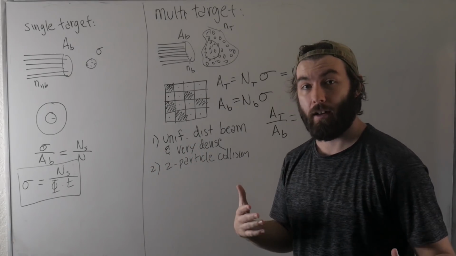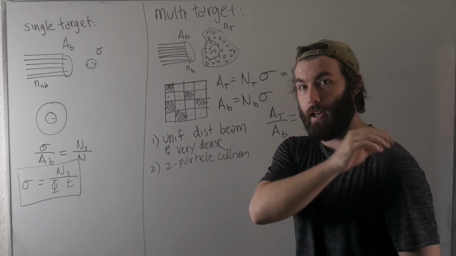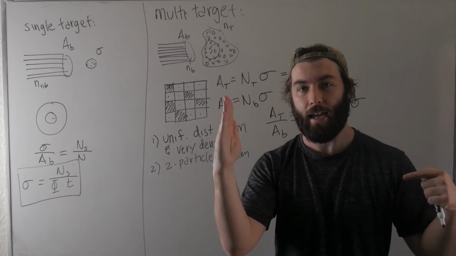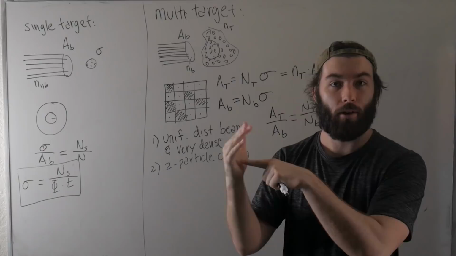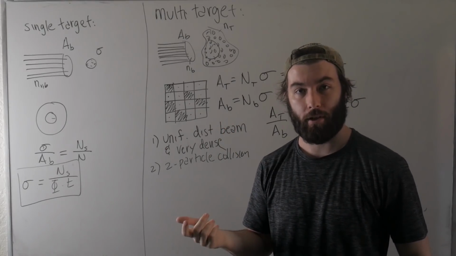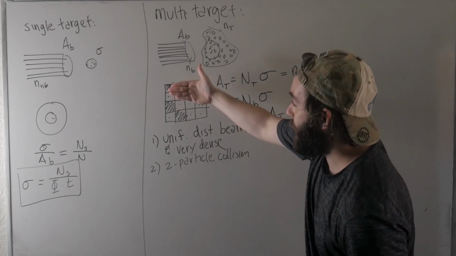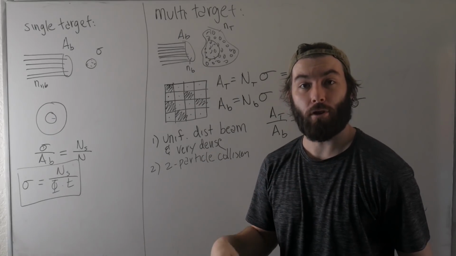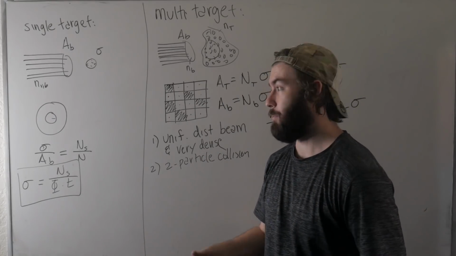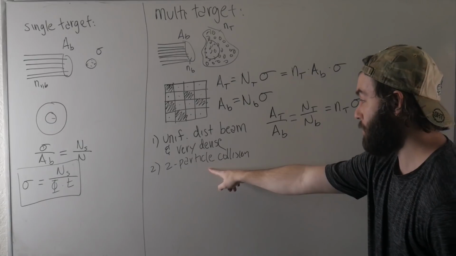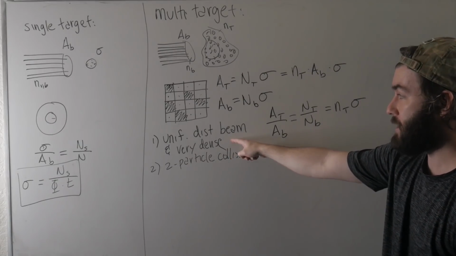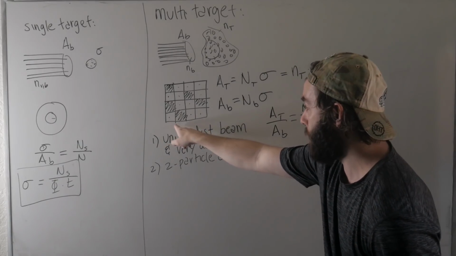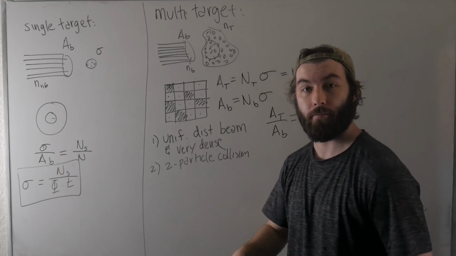The number of scatterings will increase with time because if it remains intact, we're going to keep directing beam particles at it, so the number of scatterings is going to continue. But the number of scatterings at a certain slice in time should be equal to the number of targets, because we're not allowing for more than two particle collisions, and we're guaranteeing that there is one beam per little box here.